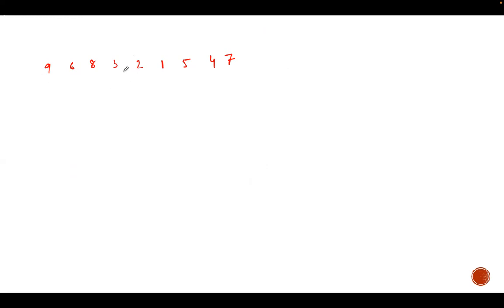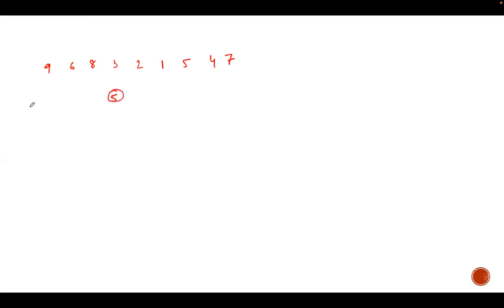If we pick the median number, each time it is going to divide the array into two equal parts. So let's pick 5 here as a pivot.